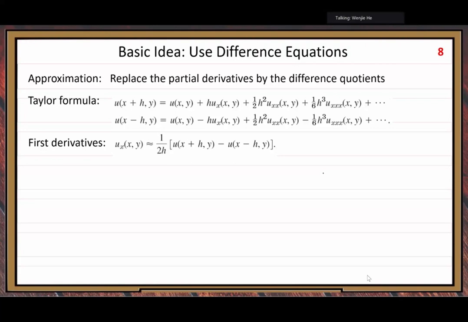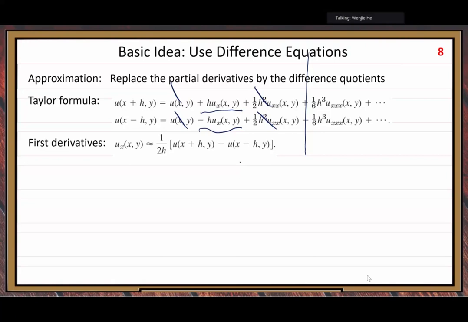When we take the difference, the first term cancels out, and the square term also cancels out. They are high-order terms. For the term 2h times u partial x, that's why we divide by 2h. So the difference of these two function values approximates the first partial derivative.